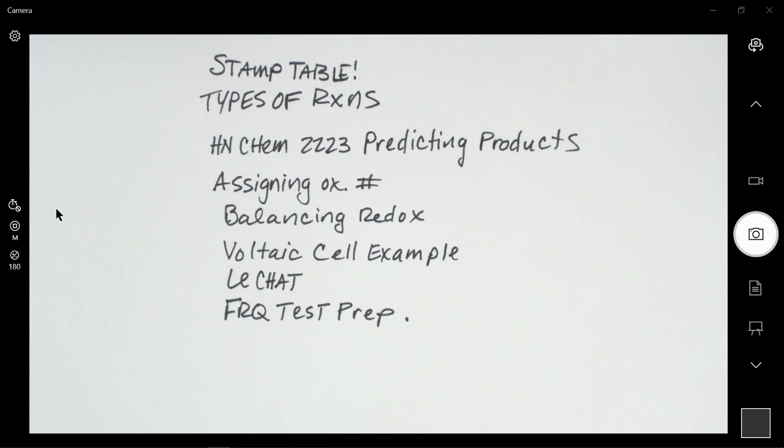So get these out, have them on your desk while you are working on the SHATS worksheet.